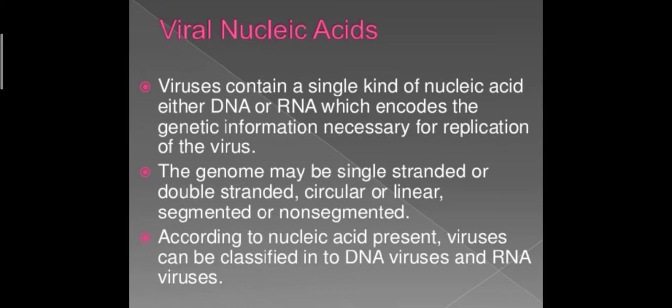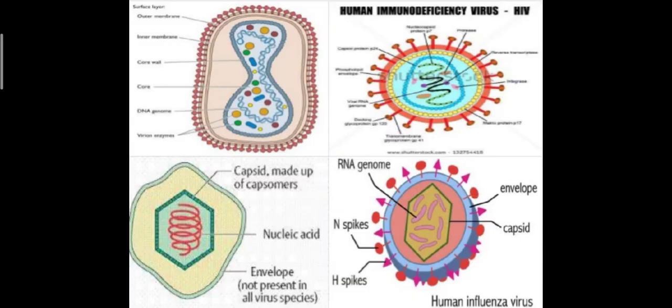So according to the nucleic acid present, the virus can be classified into DNA viruses and RNA viruses. In some books you will find DNA viruses and RNA viruses like this. These are specific examples.